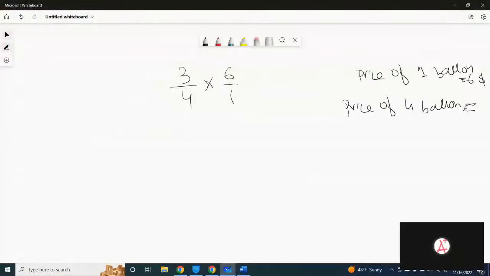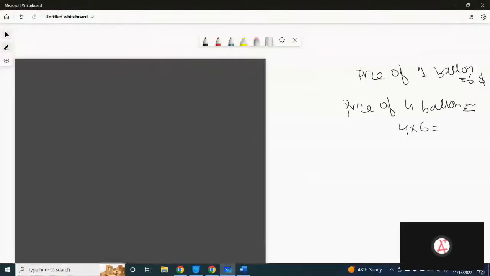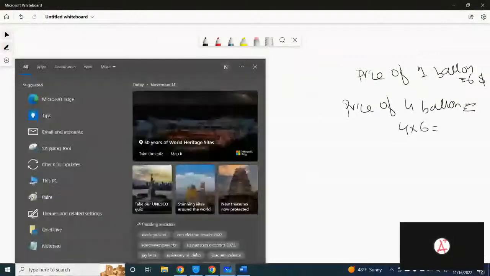It would be then, you can do 4 times 6 because the price of one is 6. You have to calculate the price of 4. You can do 4 times 6, isn't it? So then 4 times 6 would be 24, isn't it?